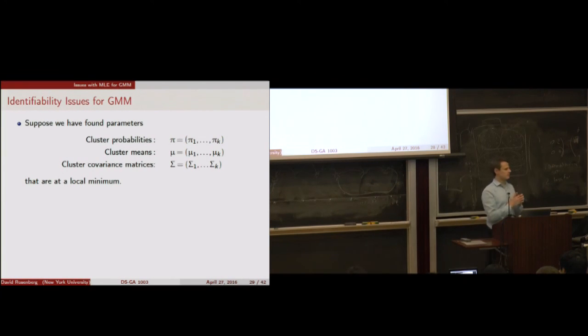Suppose we've found a minimum of our likelihood, and we've chosen those parameter values. Do you think that minimum is unique? No. Someone thinks it's not unique. Why would the minimum of these cluster parameters not be unique?